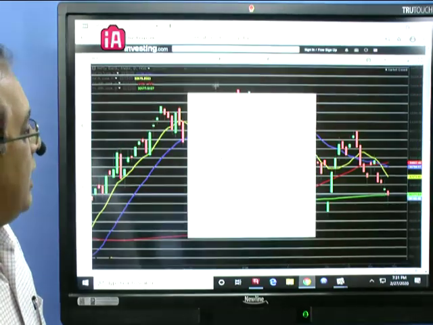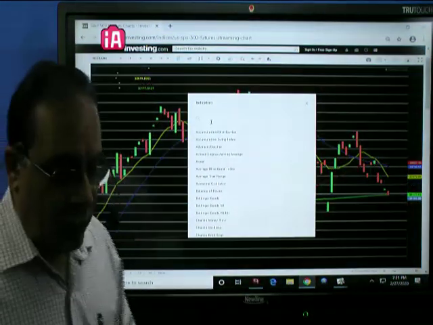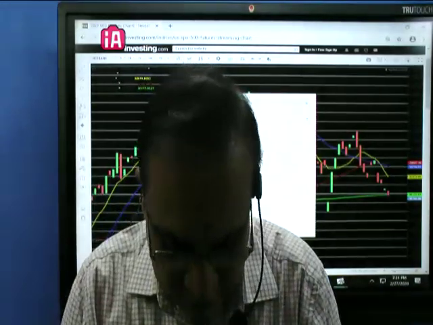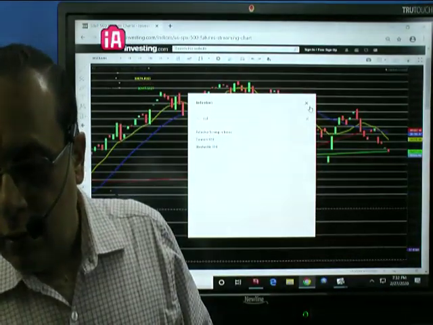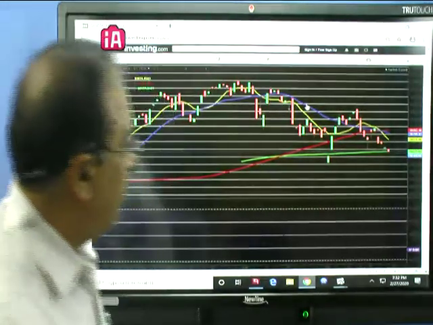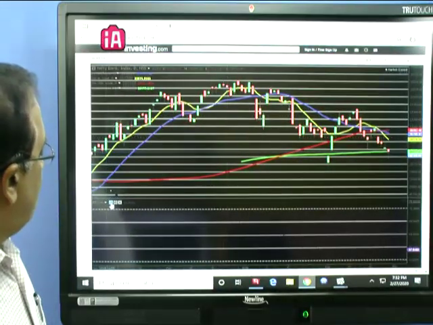So let's look at the relative strength index, RSI, to see whether there is any divergence coming shortly in Bank Nifty.